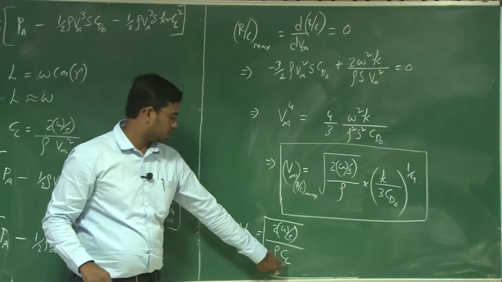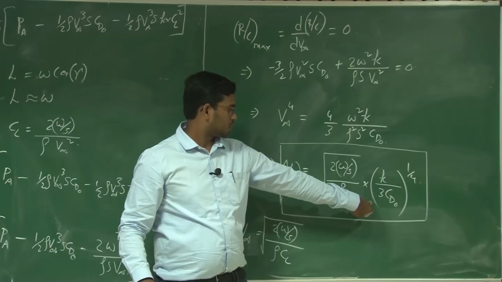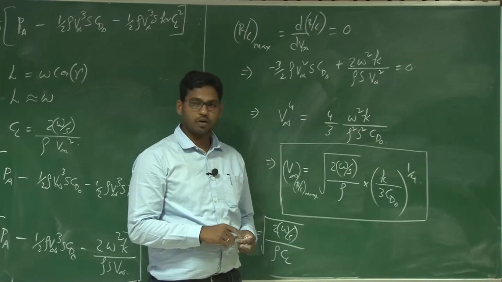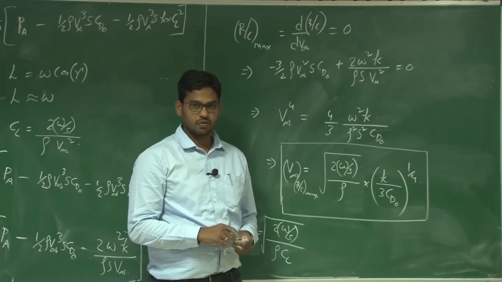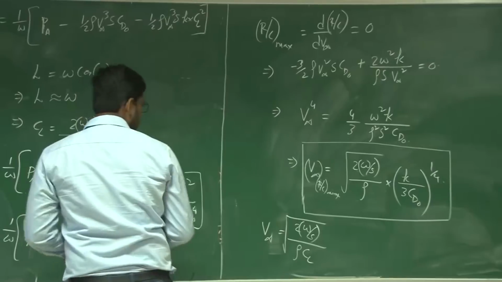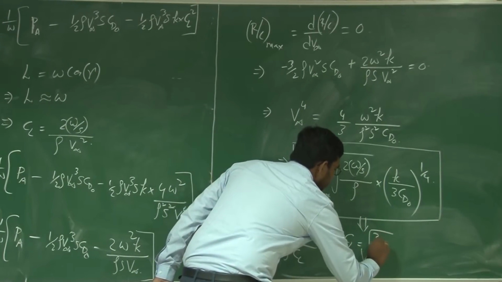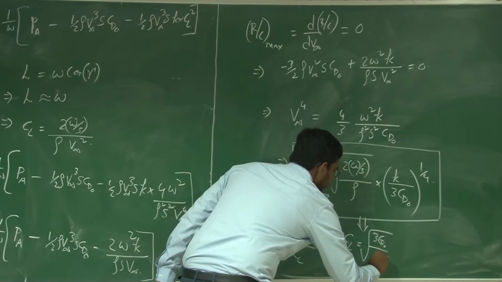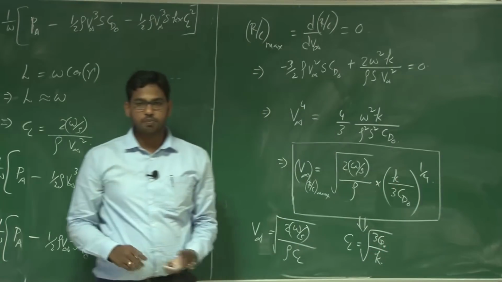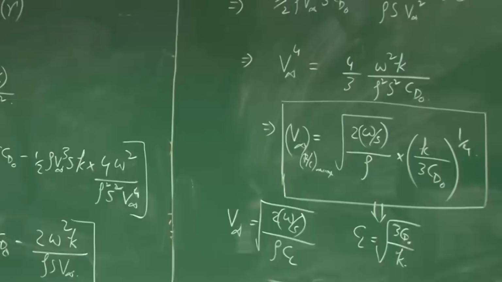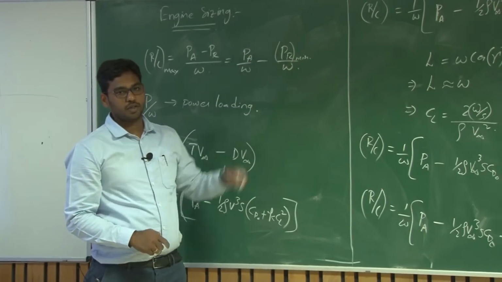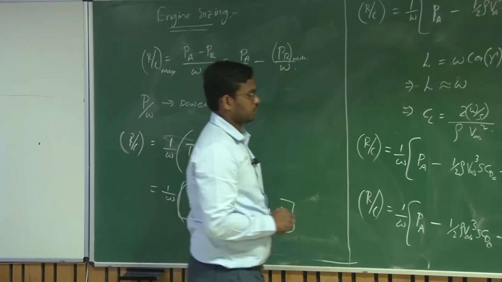So, here you can see this CL is square root over 3 CD naught by K, and this velocity is the minimum power requirement velocity. So, that is the reason why we mentioned power required is minimum, right.